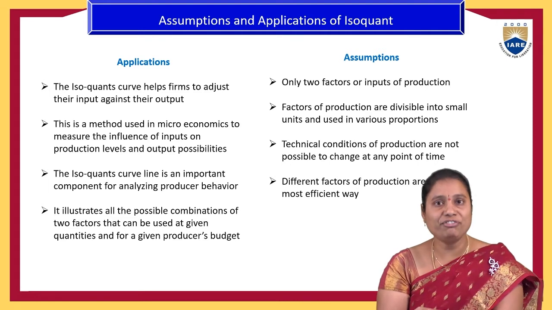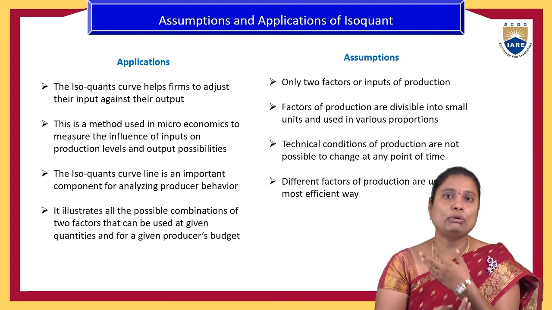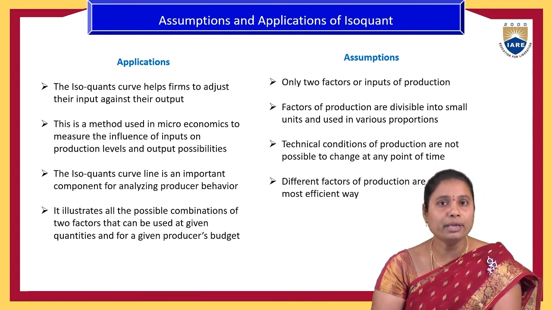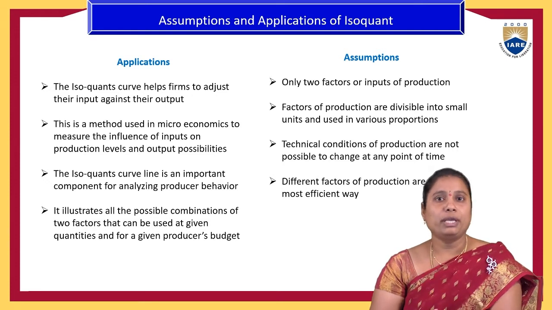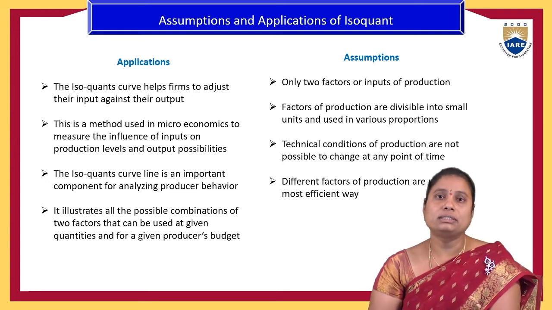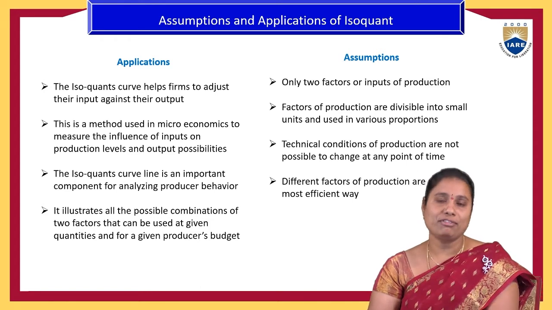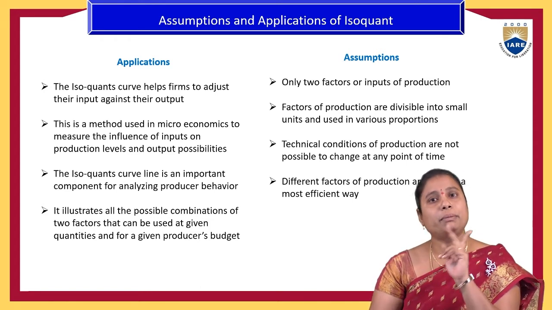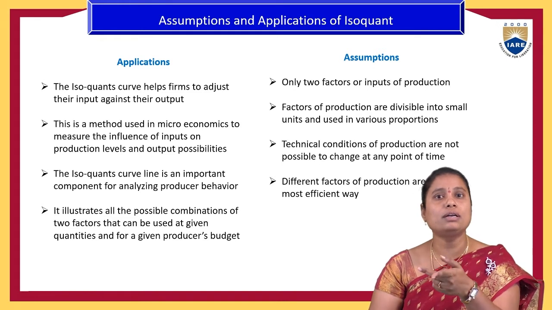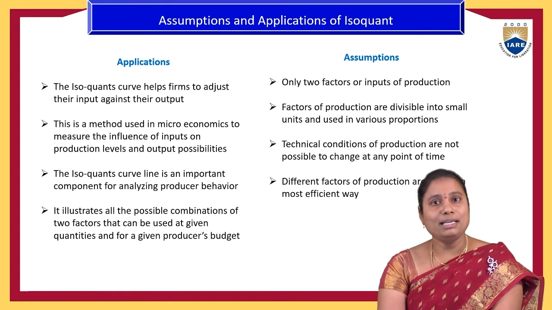If there are multiple factors, measuring the impact on the output may not be possible. That's why the isoquant always relies on 2 variable input factors, and they might be substitutes or complementary products.